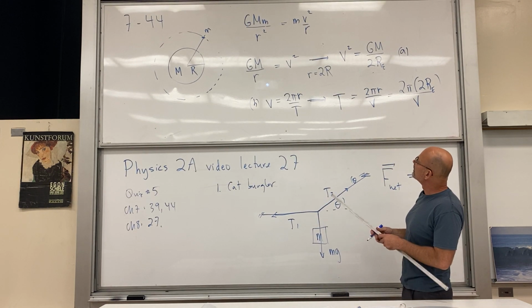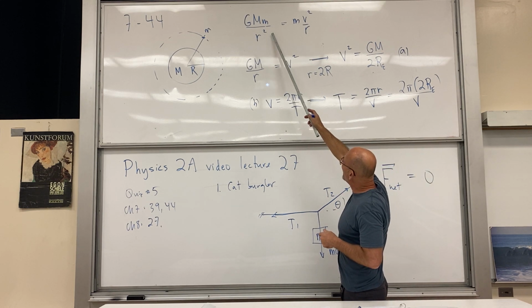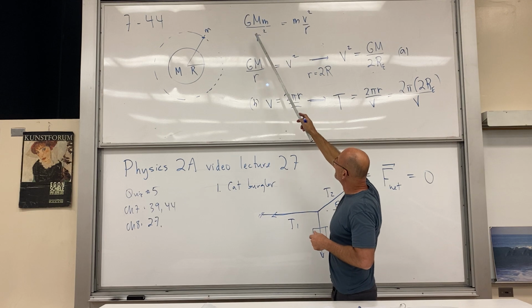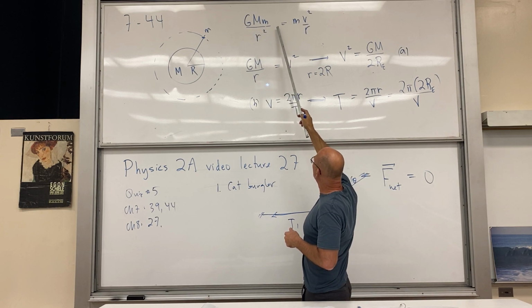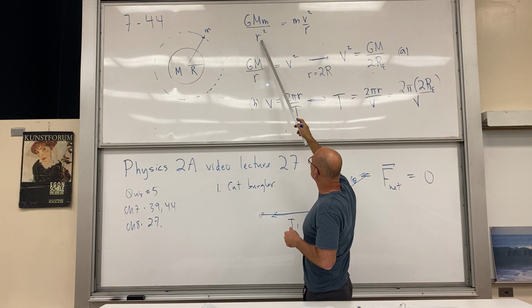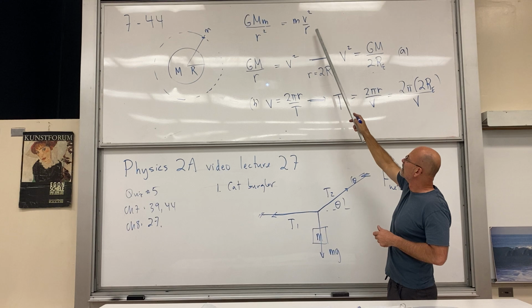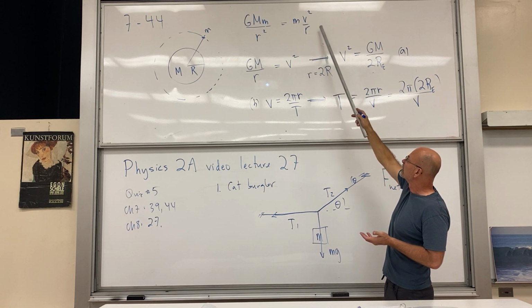The gravitational force on it is actually back here. This is Newton's law of gravity. So G m M over r squared equals mass times acceleration. It's centripetal acceleration, so mass times acceleration.